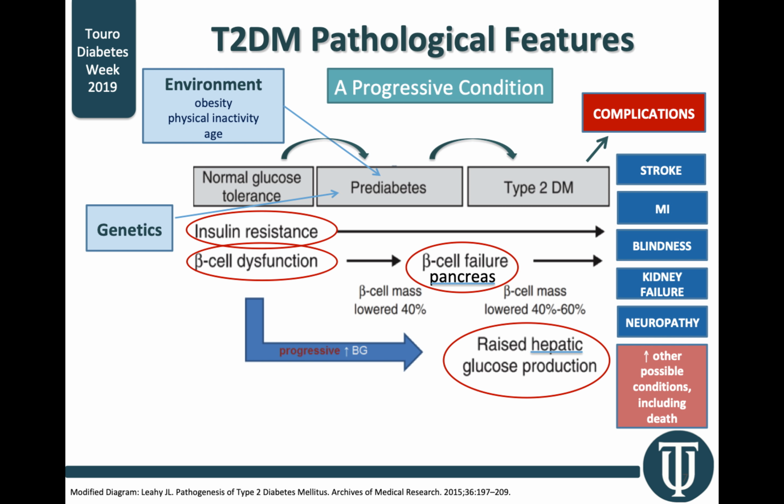If type 2 diabetes is not controlled, then eventually it will lead to all kinds of complications that you might have heard of. Here are the examples: stroke, myocardial infarction, blindness, kidney conditions, and neuropathy. That's the reason why it's so important to control our glucose and to prevent all these complications.